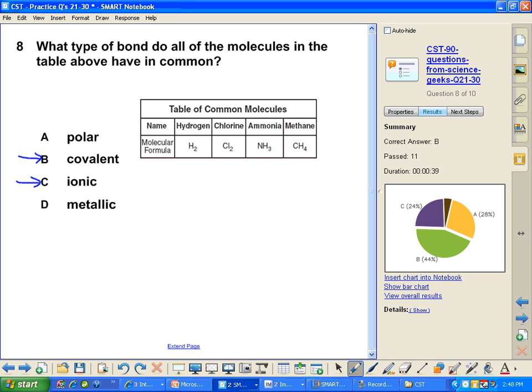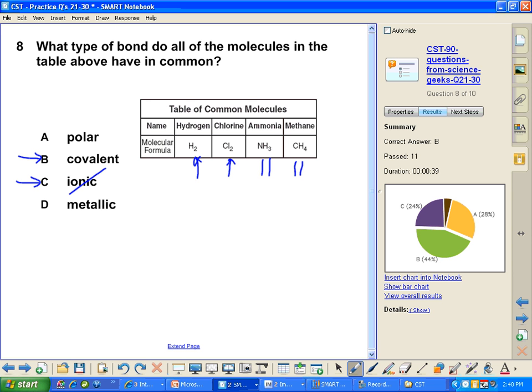So, in this case, let's look at all of these guys here. Hydrogen, that's all there is. He's a nonmetal. Chlorine, nothing but nonmetal. Nitrogen and hydrogen, nonmetals. Carbon and hydrogen, nonmetals. So all we have there is nonmetals. We can't have ionic. So we can rule that guy out pretty easily.